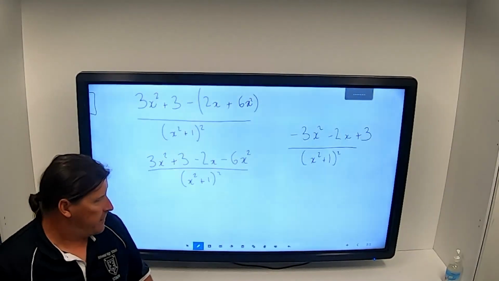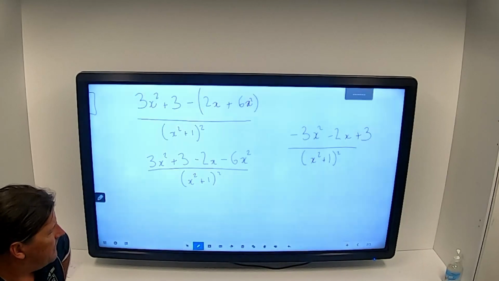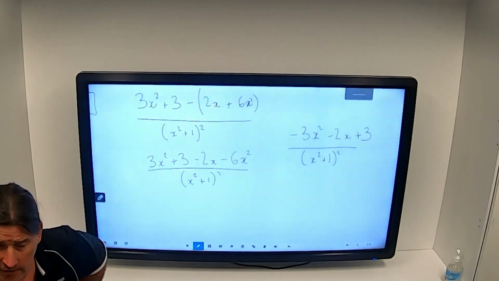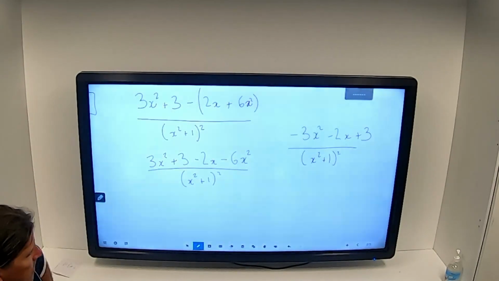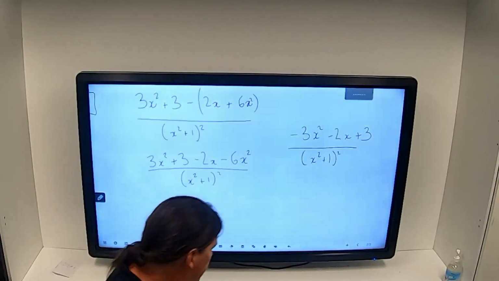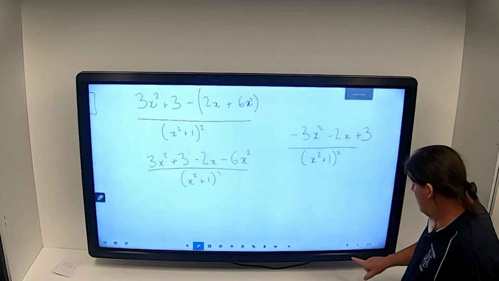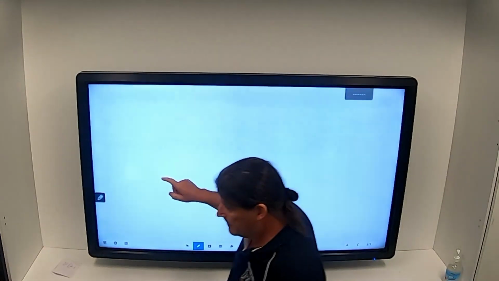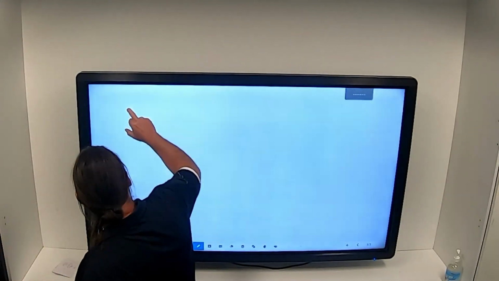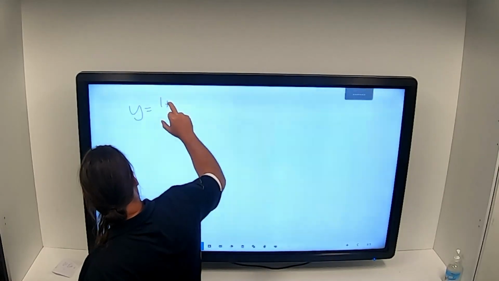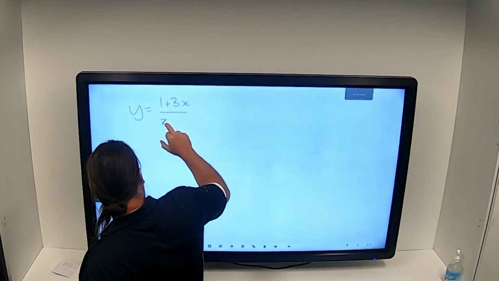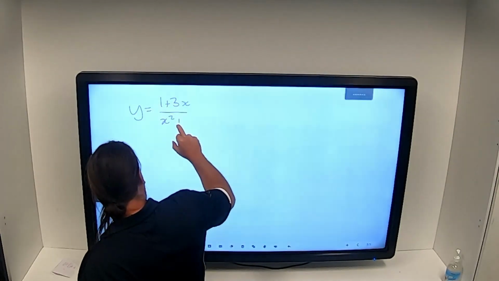There's quite often a student that goes, yeah, that's all well and good, but couldn't I just use the product rule and do the same thing? So what I'm talking about there is, let's go back to our original question. So we had y equals 1 plus 3x all over x squared plus 1.